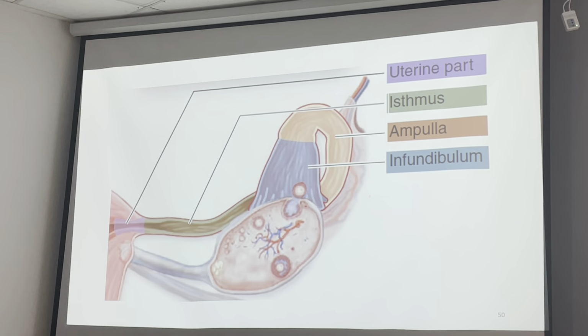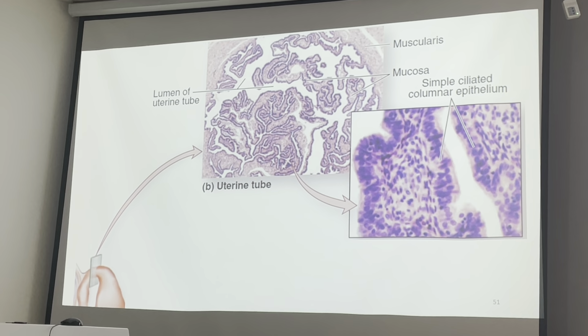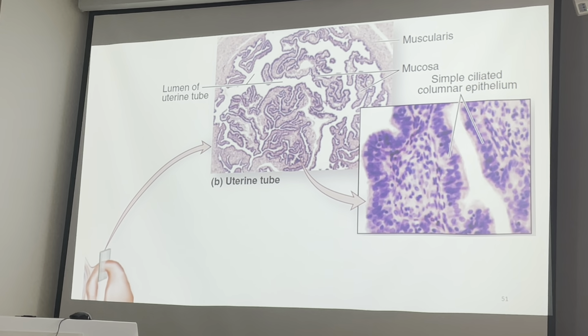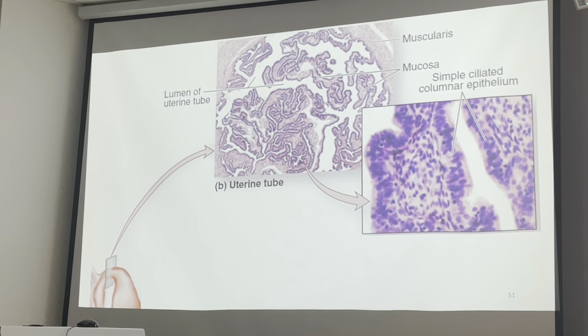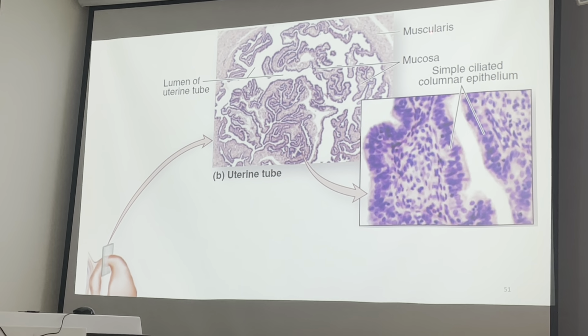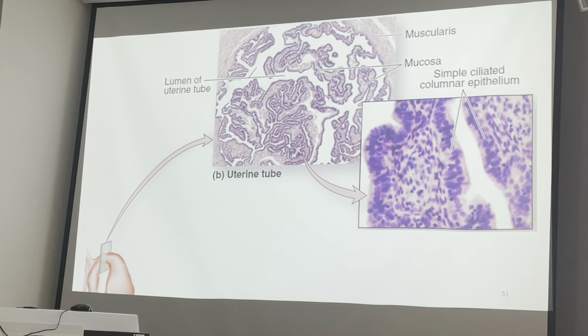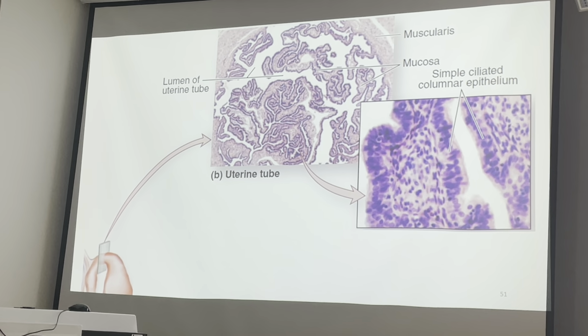In the wall of the uterine tube, we have different histologic layers. From inner to outer, we have mucosa, muscularis, and on the outer side, we have the tunica serosa.